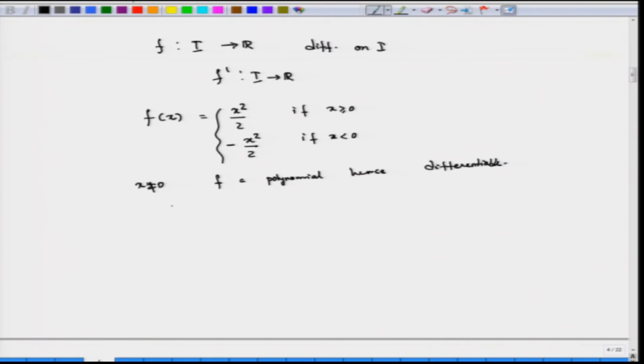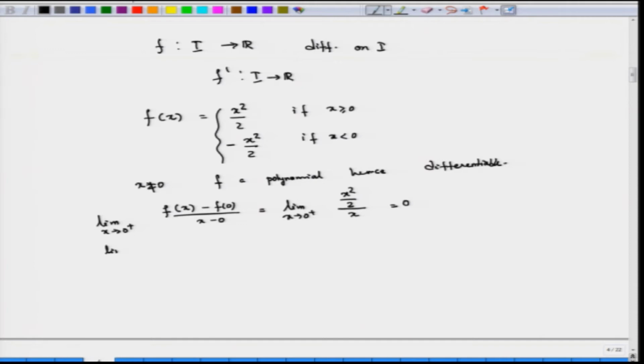Now, at x equal to 0, we need to look at the limit as x tends to 0 plus of f of x minus f of 0 divided by x minus 0, which is the limit of x square by 2, with f of 0 equal to 0, divided by x, which is equal to 0.